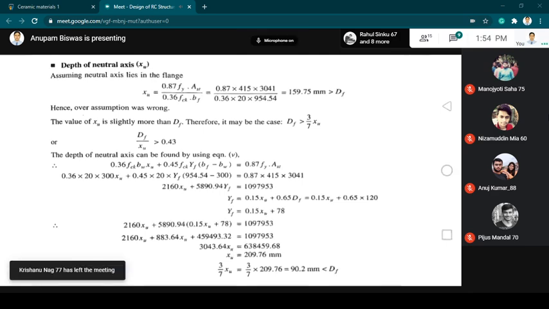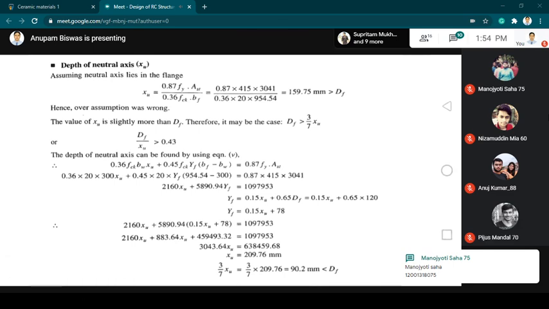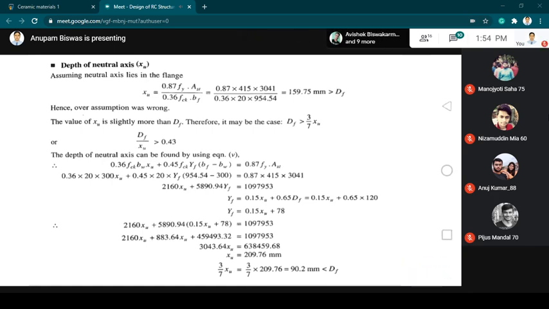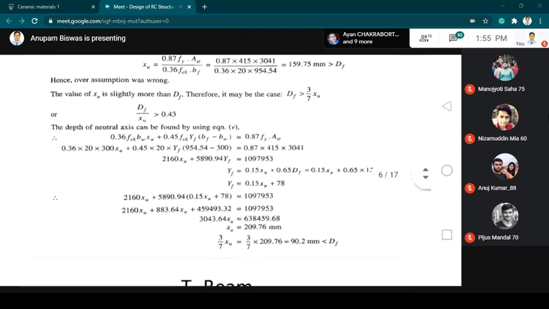Hence we can say that the assumption we have considered, that DF is more than 3 by 7, is okay. So we can proceed.